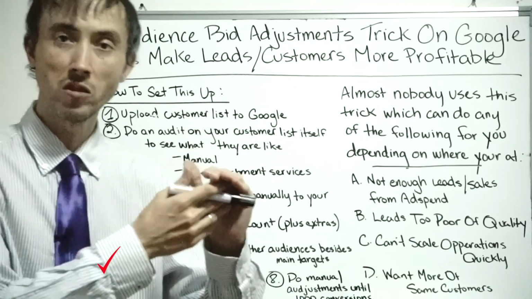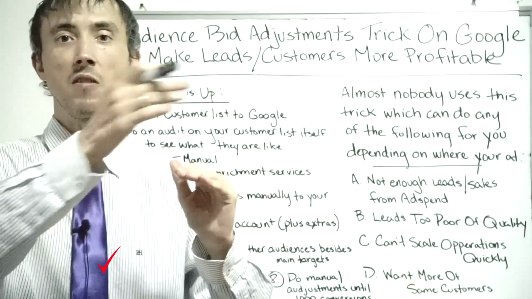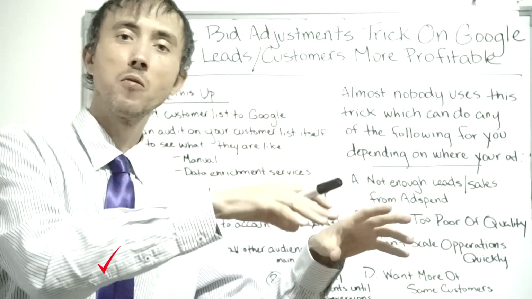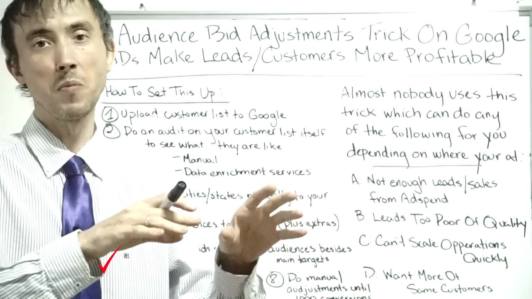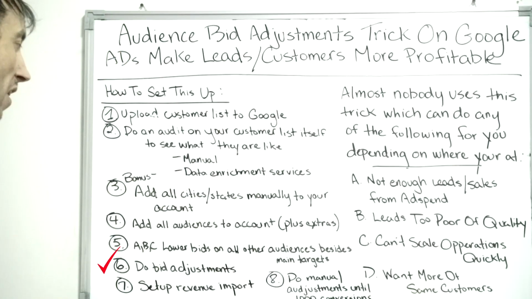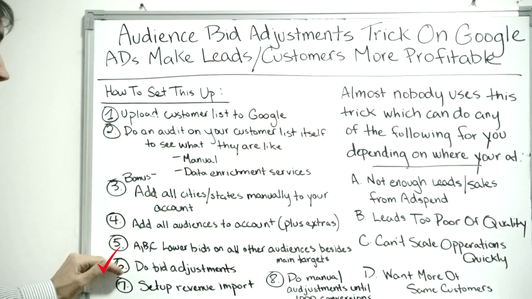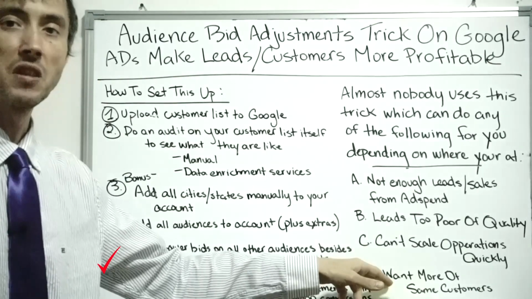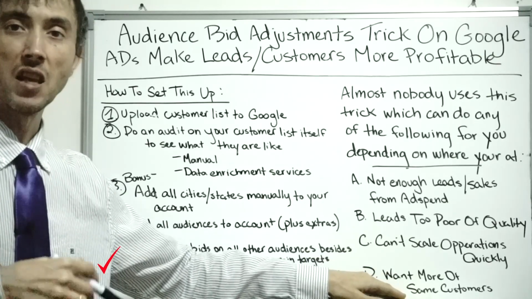That will automatically reroute budget toward the people who look like they fit your customer profile, taking away from people who don't. So you'll get a higher ROI on your advertising spend, and you should also be able to get more customers at the same cost.